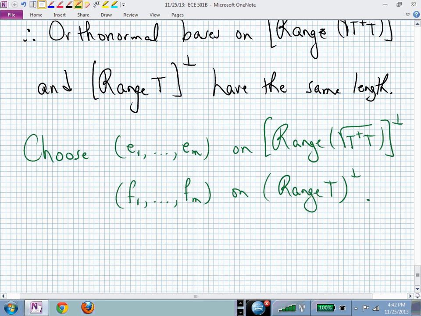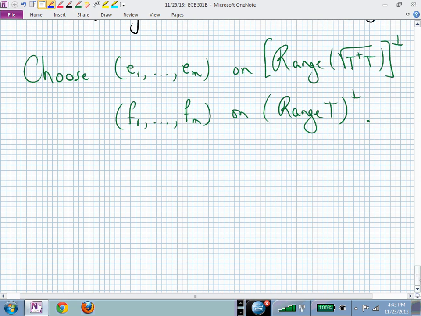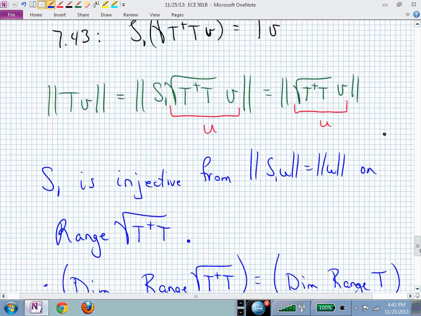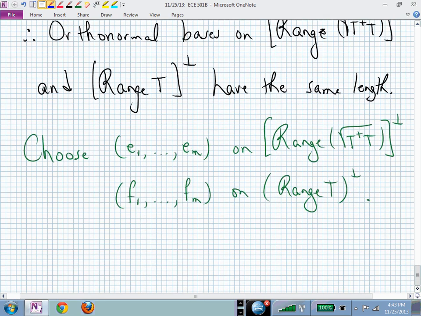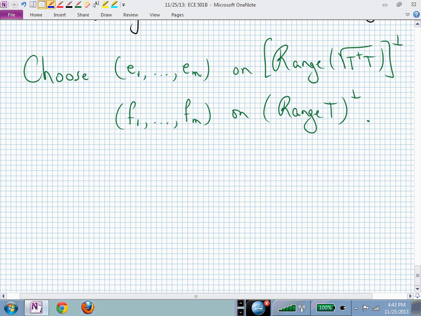So now we can define another map. We're trying to extend S1. S1 was mapping between the range of the two spaces. Now we want to find a way of connecting these orthogonal complements to those two original spaces.